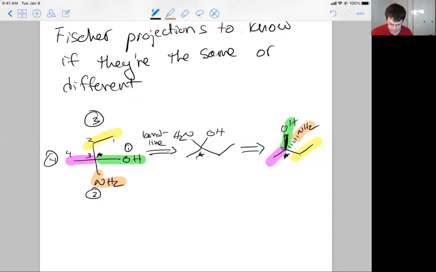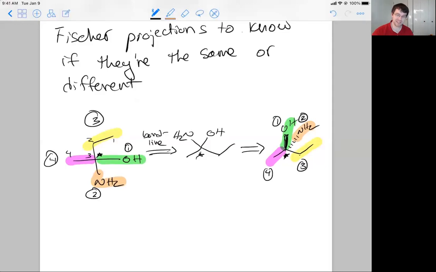So while that's fresh in our head: 4 on methyl, 3 on ethyl, 1 on OH, 2 on NH2. Man, I've got molecules where number 2 is in the back on the bond line structure, and number 4 is on the horizontal.